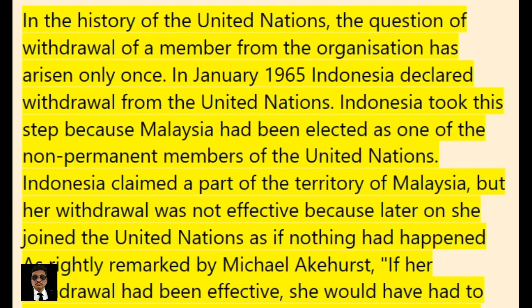Indonesia claimed a part of the territory of Malaysia, but her withdrawal was not effective because later on she joined the United Nations as if nothing had happened, as rightly remarked by Michael Akehurst. If her withdrawal had been effective, she would have had to seek readmission under Article 4. Instead, she simply assumed her seat. Nothing had happened to suggest that her withdrawal had been void.